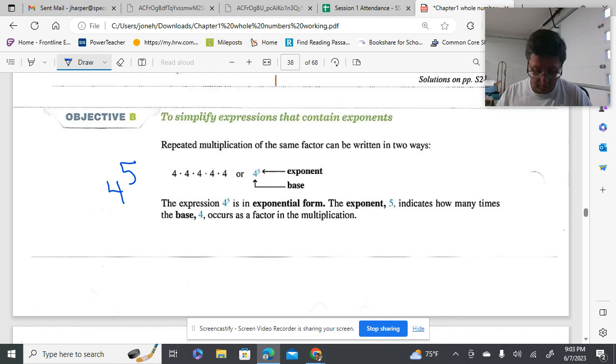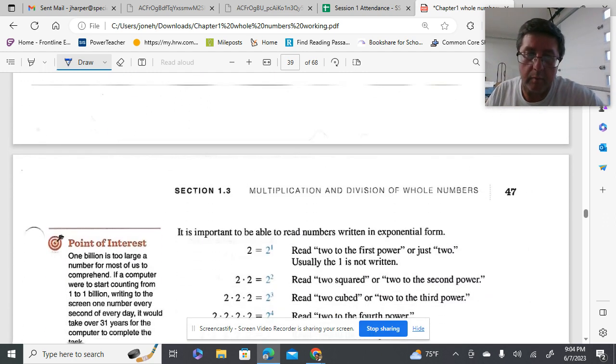Now, you can do that on your calculator by, let's see, 4 to the 5th power equals 1,024. I think that would be the correct answer.